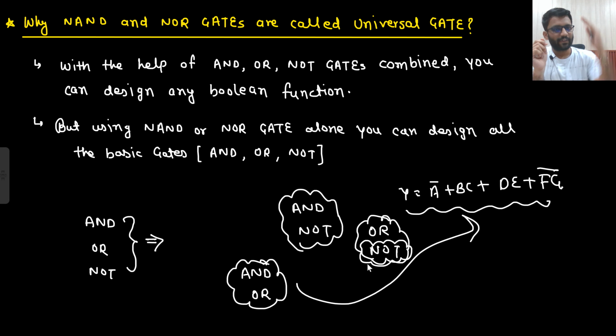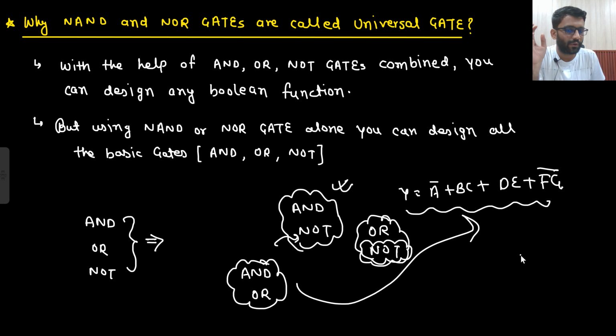Okay. In the further part of this chapter, I will tell you that using only 2 gates, AND and NOT, or OR and NOT, you can design any Boolean function. But you certainly need NOT gate. So what did you understand here? Alone basic gate is not enough to design any Boolean function.